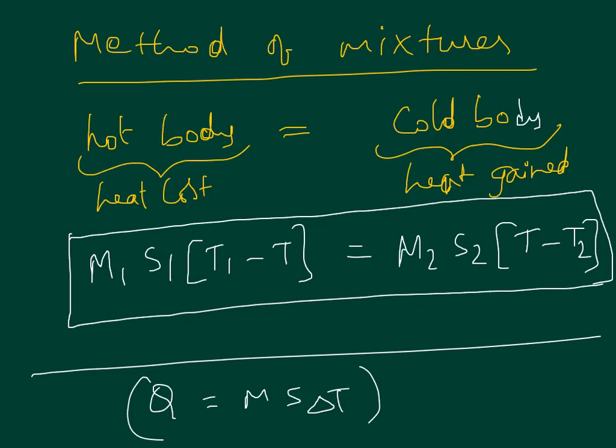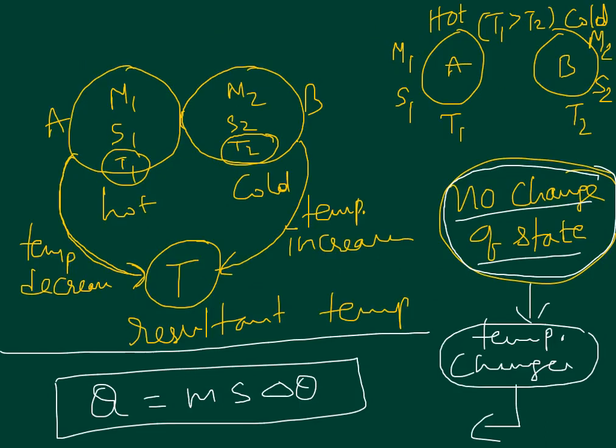So always here what we have to take? Hot body minus cold body. Here also hot body minus cold body temperatures. So T1 is the hot body, because initially it is T1, then it came to T, so the temperature decreased. So I have written it simply as T1 minus T.